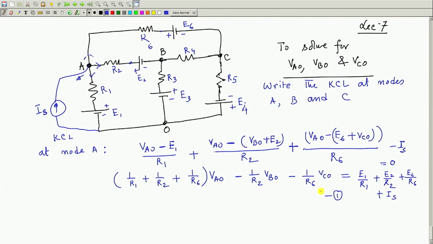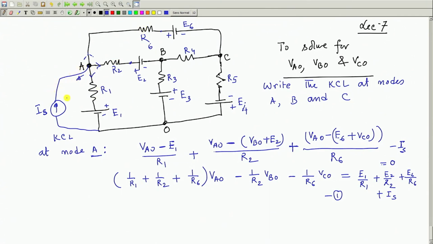Now, after writing down these equations, we see there is a pattern. When writing KCL at node A, the coefficient of VAO will be the sum of the reciprocals of all the resistances connected at node A, that is 1/R1 plus 1/R2 plus 1/R6; in this branch there is no resistance.